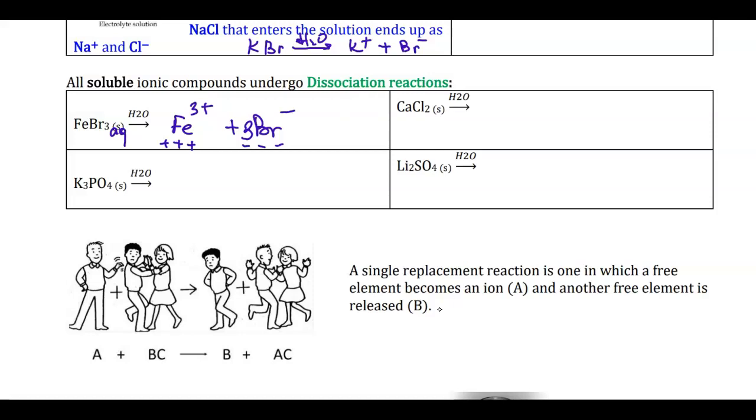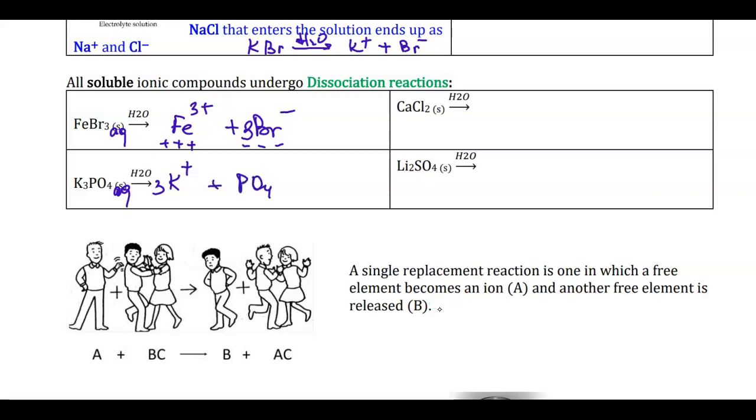The next one, K3PO4, potassium phosphate, solid. When the solid compound is put in water, it becomes aqueous, and in this situation it dissociates, right? So 3 potassium, and you know potassium has only one possible charge, one positive, that's all, plus PO4.